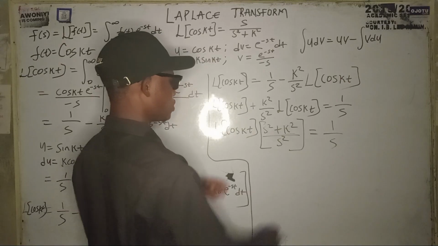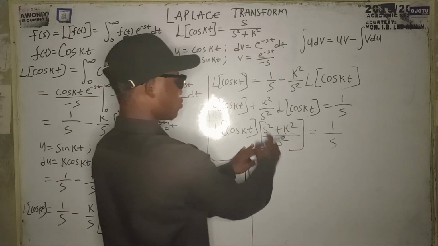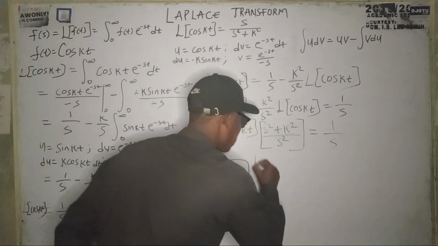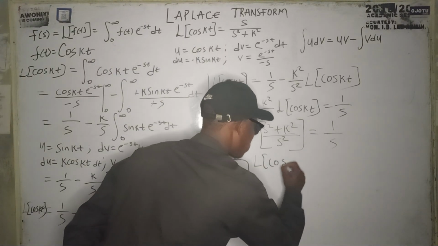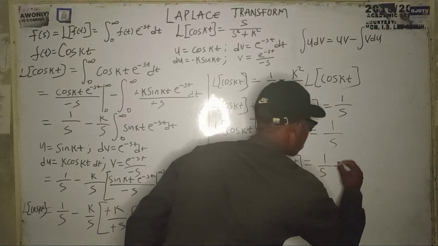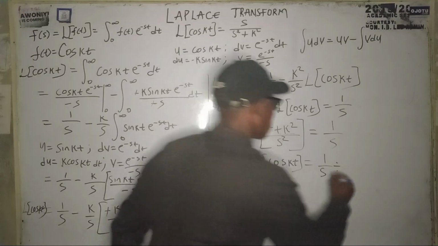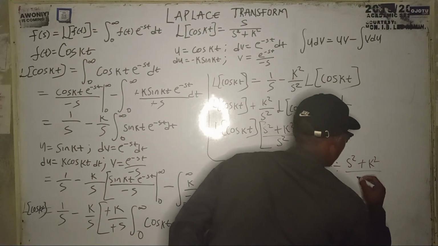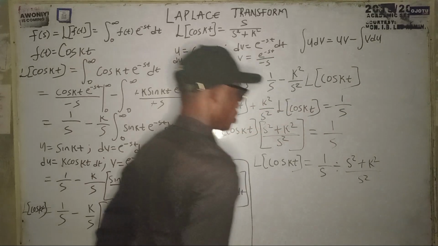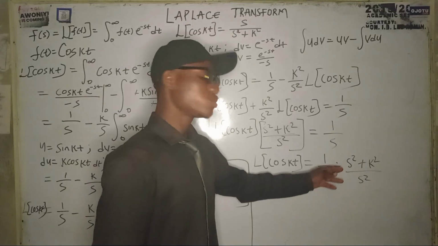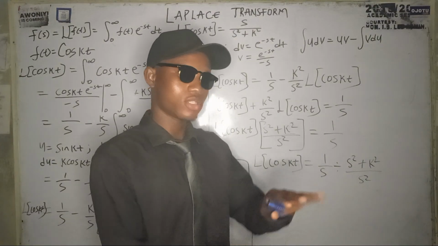That is equal to 1 over s. So what we just do is divide both sides by whatever is at the back of Laplace of cos kt. So we have Laplace of cos kt is equal to 1 over s divided by s squared plus k squared over s squared. And we know how division works. Whenever we are dividing something, we change it to multiplication and flip it over.